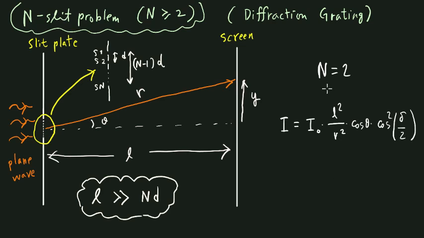So delta was k d sine theta. That's the phase shift between two slits.